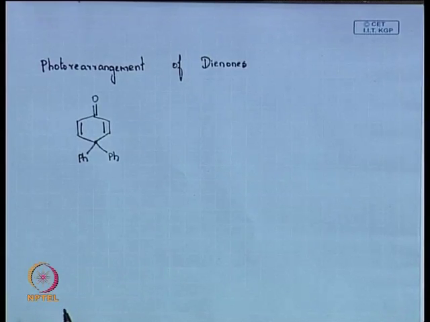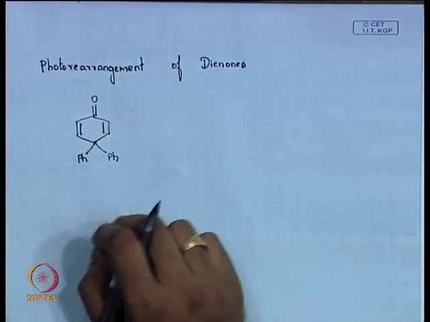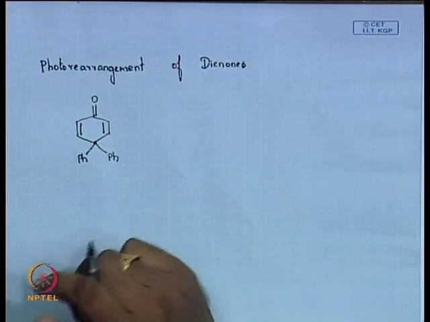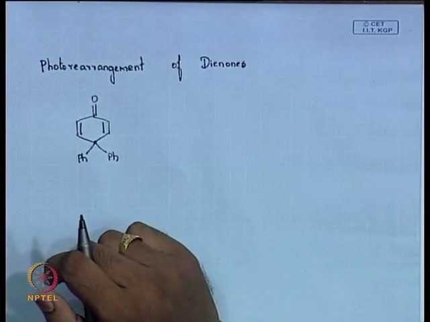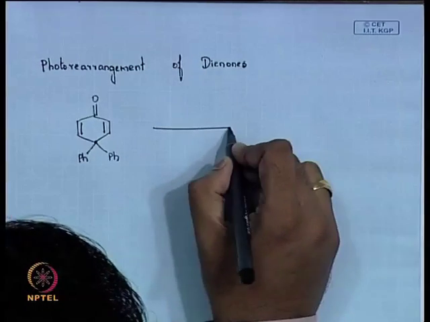This type of system, because the mechanism of this system is very important, where you can see some good concepts came out of this. When you write the mechanism, you know that. What is the product when you photolyze this?